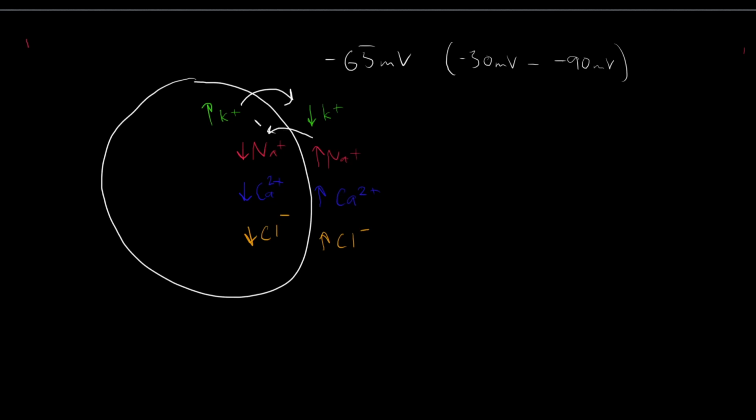The other driving force occurs due to what we call electrical potential. And so this has to do with the charge of the ion. Potassium being a cation, it has a positive charge. It is attracted to negatively charged things.